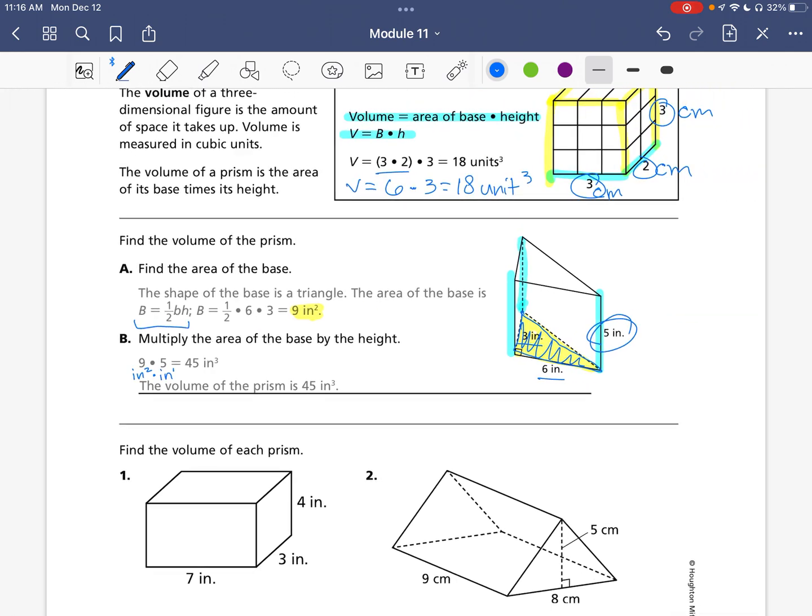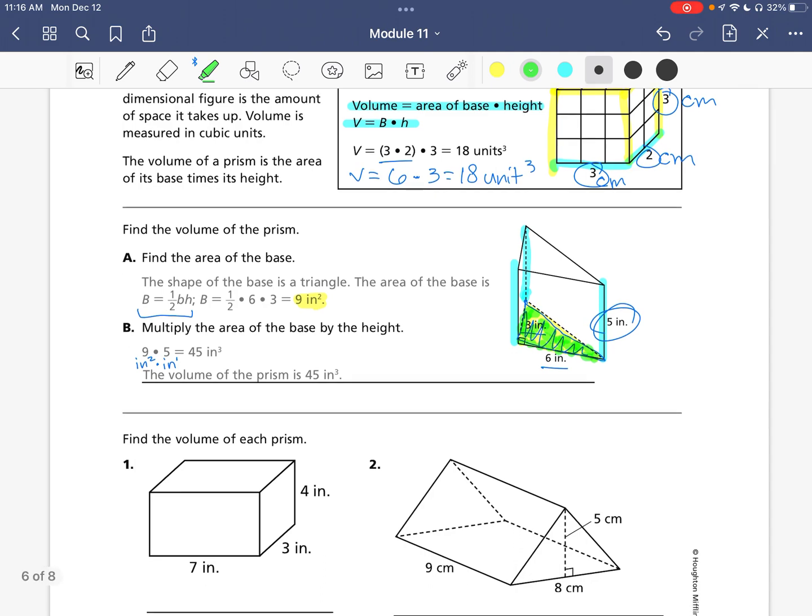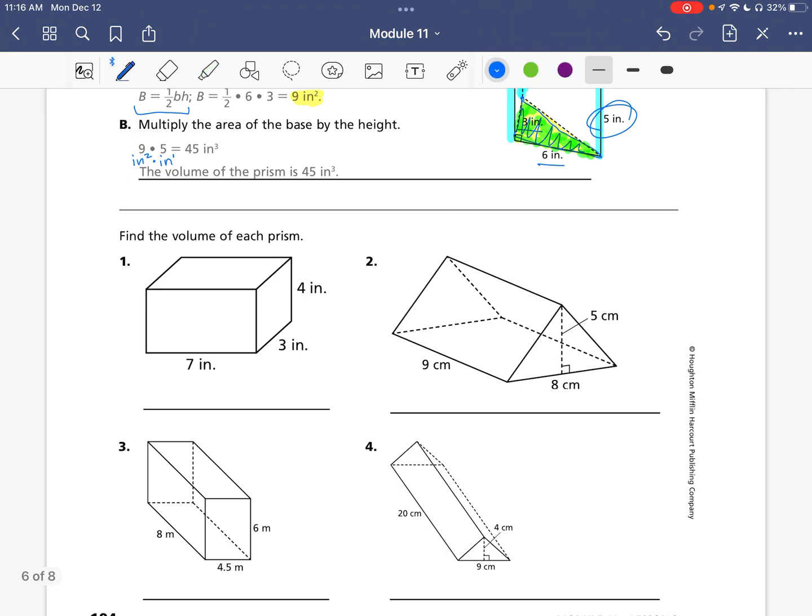So the volume of this prism, if you were to fill it with a whole bunch of little cubes, it would be 45 inches cubed. All right, let's give this a shot here.